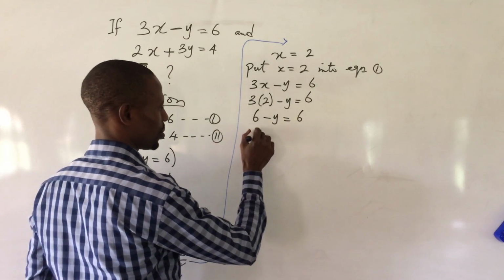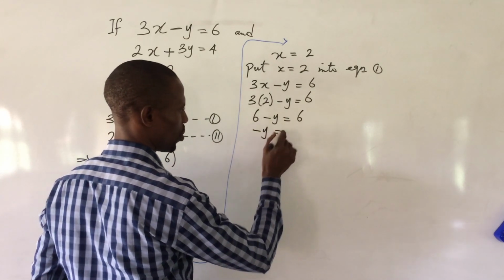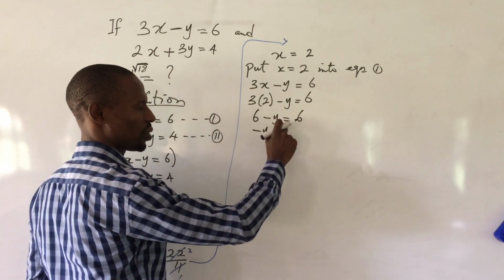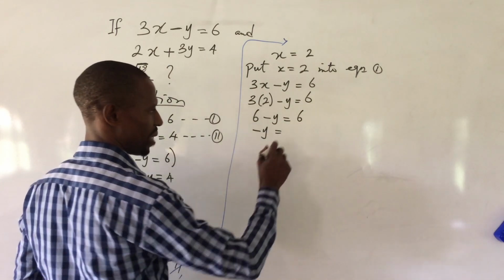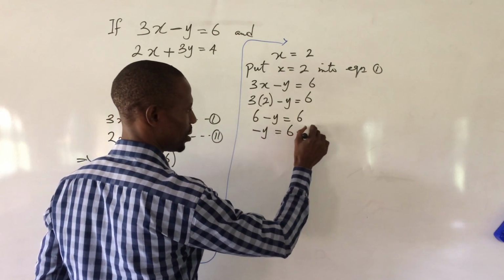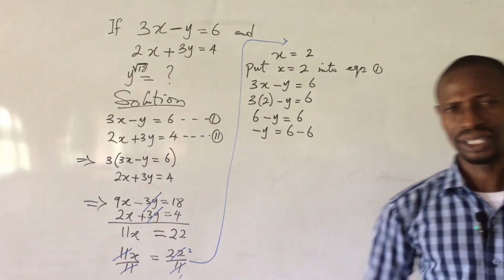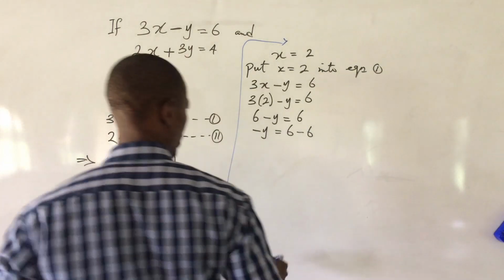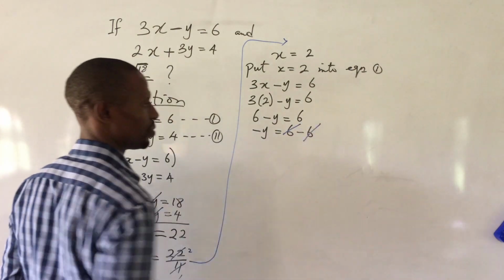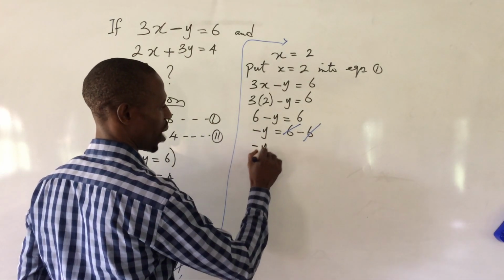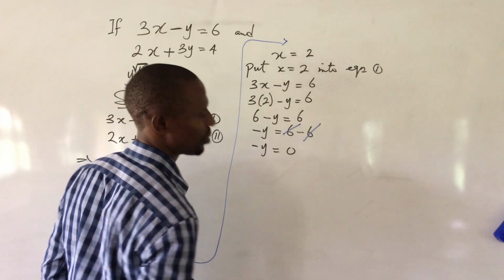Collect all terms. So we have minus y equal to, we have invisible plus 6 here, and when it crosses the sign of equality, it turns to minus. So we have 6 minus 6, which will give us 0. So here we're now left with minus y equal to 0.